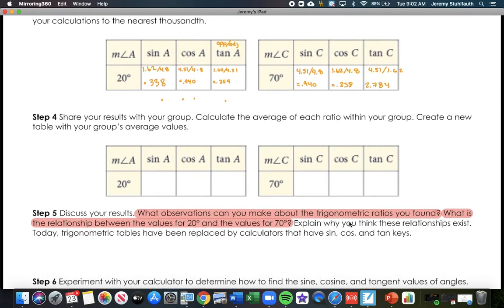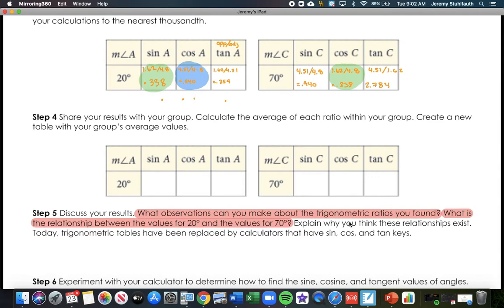Now, if you look at step 5, it says, what observations can you make about the trigonometric ratios you found? What is the relationship between the values for 20 degrees and the values for 70 degrees? If you look at sine A, you got 0.338. If you look at cosine C, you got 0.338. If you look at cosine A, you get 0.94.